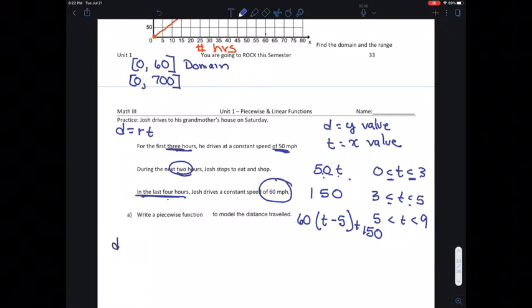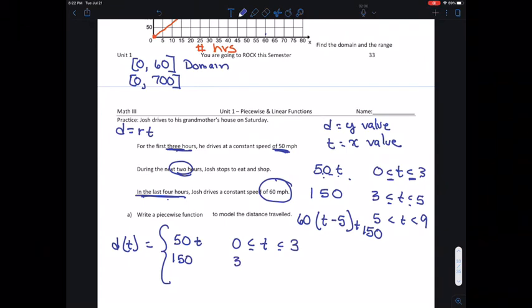Okay? So let's rewrite that. So this is our distance. And we're traveling 50 miles an hour for the first 3 hours. And then we stopped so we don't travel any further. Our distance remained 150. Again, I got that 150 because I've traveled 3 hours at 50 miles per hour.